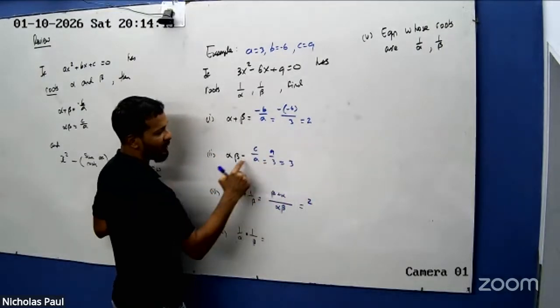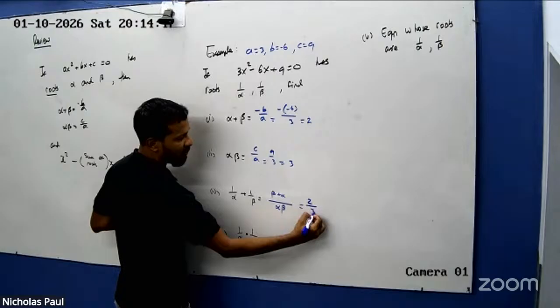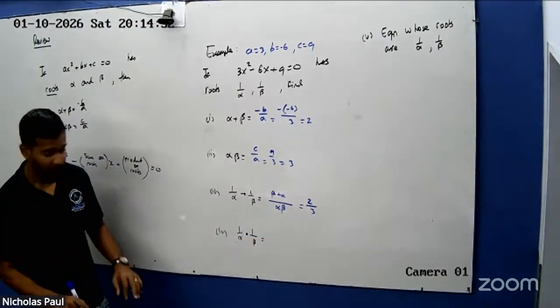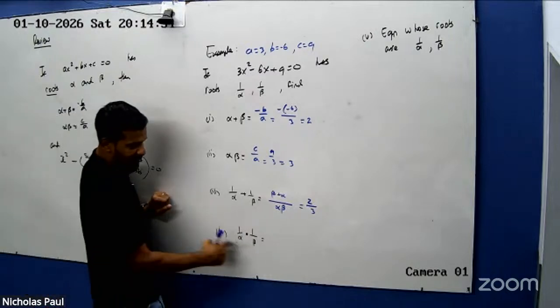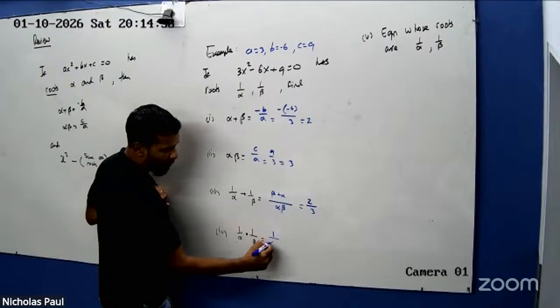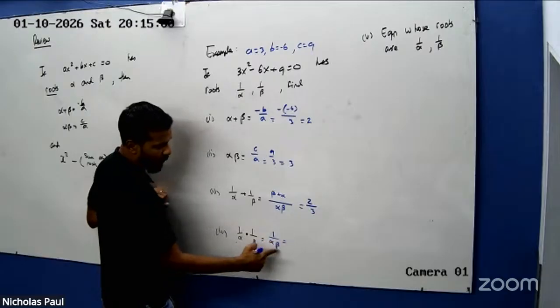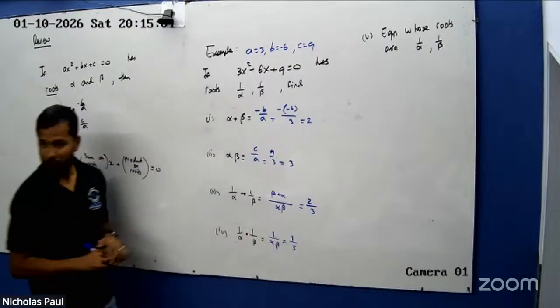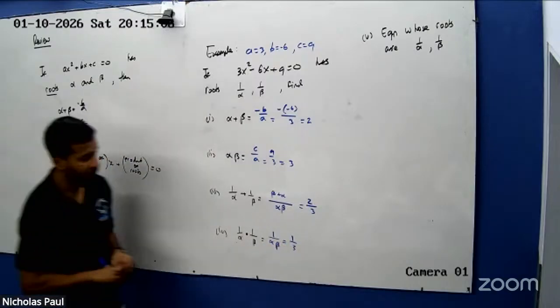We know what is alpha by beta? 3. That's it. How you find this? This means multiplied. So it will be 1 over alpha beta. We know what is alpha beta, which is 3. That's it.